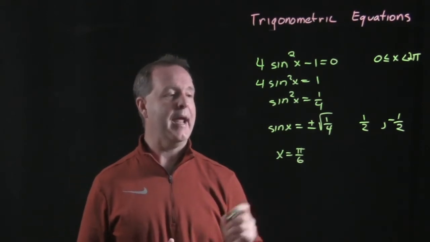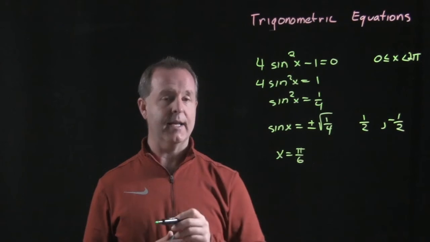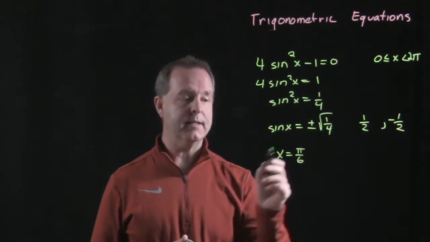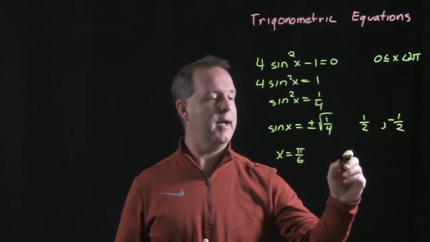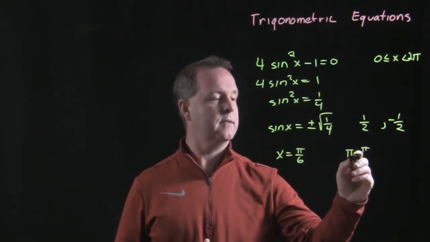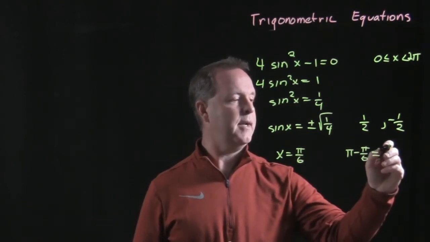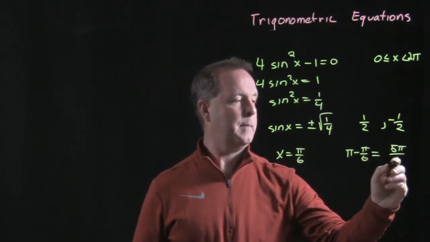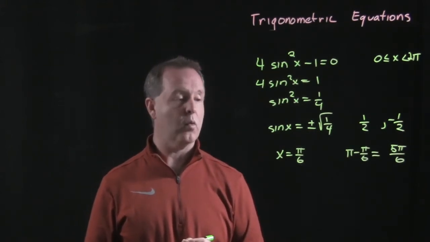We know then that we have, that's the value in the first quadrant, the value in the second quadrant, where sine is also positive, pi sixth. We would find the second one by going to pi and taking away a pi sixth. And that's a 6/6 pi minus, so that's a 5/6 pi. Then we also have negative signs in the third and fourth quadrants.